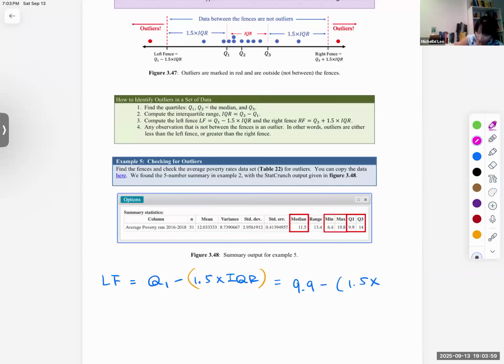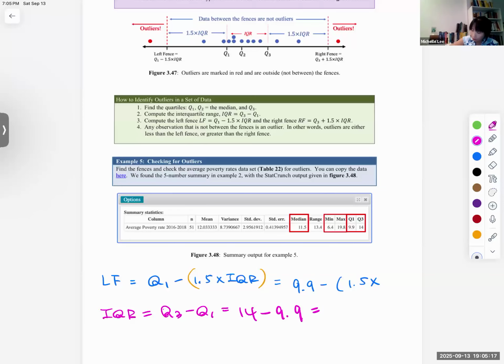So IQR is Q3 minus Q sub 1, yeah? The difference between the quartiles, right? Okay, so what do you get? Q sub 3 is 14 minus 9.9. Can you please calculate? All right, 4.1? Yeah, 4.1.